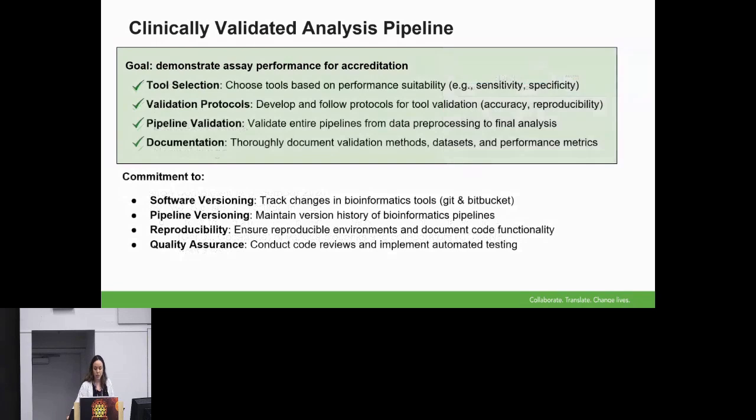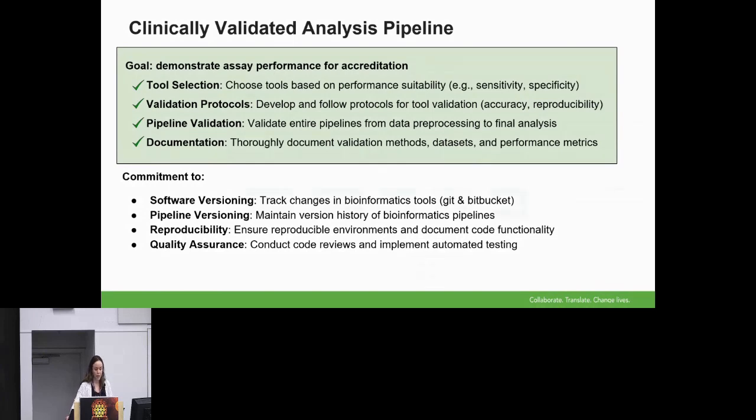And this large validation effort involved selecting the right software tools that we were going to use, developing protocols, looking at the reports generated from our pipeline against the orthogonal data, and keeping thorough documentation throughout. As part of this validation, we are committed to do version control of our workflows, which are written in the WDL language, and we maintain them in GitHub and version control. We also maintain pipeline version history and do code reviews and automated testing.